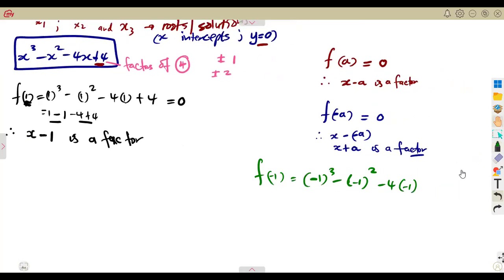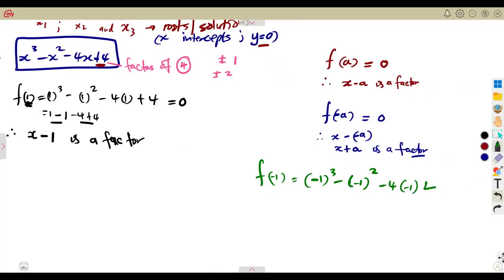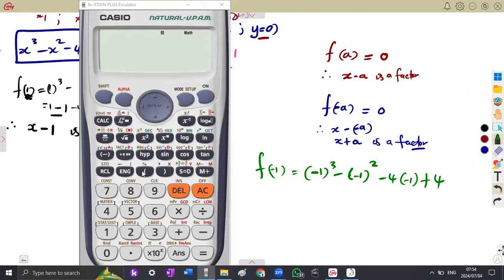All right, let me just show my calculator here so that at least we can be together, because sometimes you can actually do these factors, all of them, then you're just done. If you have time, you can try -1.